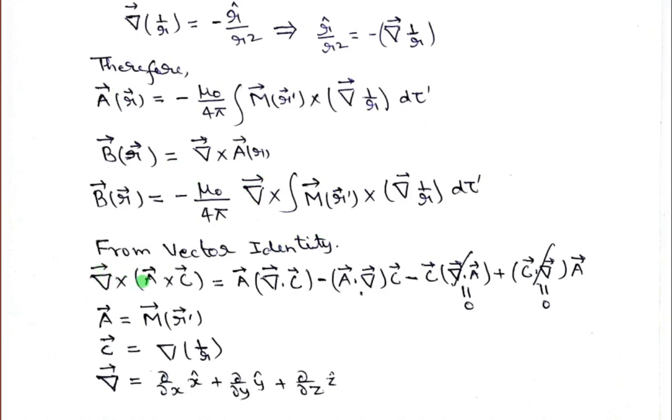We have two vectors, vector A and vector C, so there is a cross product of two vectors, A cross C. If you take the curl of this, the cross product A cross C results in a vector, and the curl of that vector can be written as: vector A times the divergence of C, that is del dot C, minus vector A dot del outside of the bracket, vector C, minus vector C times the divergence of A, that is del dot A, plus, in bracket, C dot del, outside the bracket, vector A.